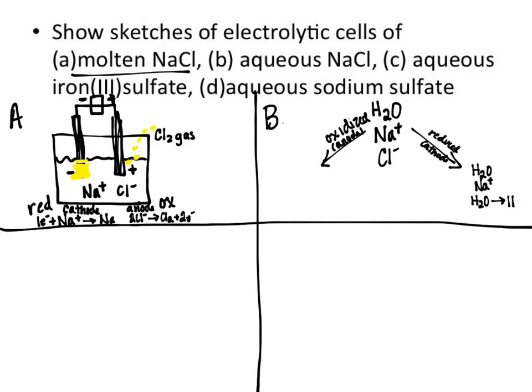I can write that better. So we get H2 and our hydroxide. You have to balance it. Yeah, balance it. I didn't balance it. And our electrons.